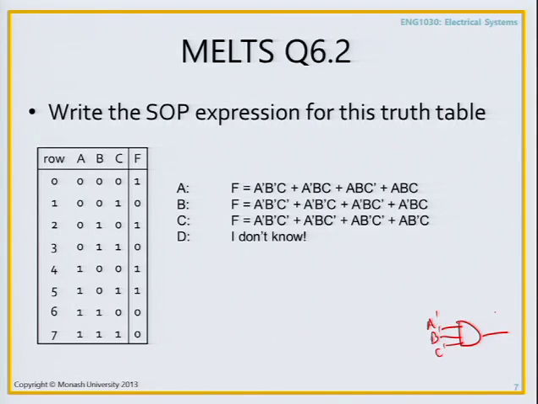Because if any of these are a 1, then it turns this input into a 0. This is an AND gate. So if I have this on the inputs, then it will only give a 1 when I have this row where A is 0, B is 0, C is 0. Had it been an OR gate, then we should have put ABC. That's right, but this is an AND gate. That's why we are keeping the inverse to detect a specific row. Thank you. That's all right.